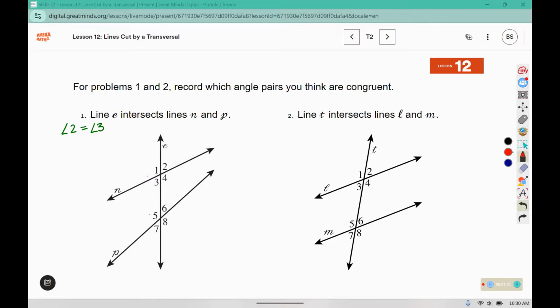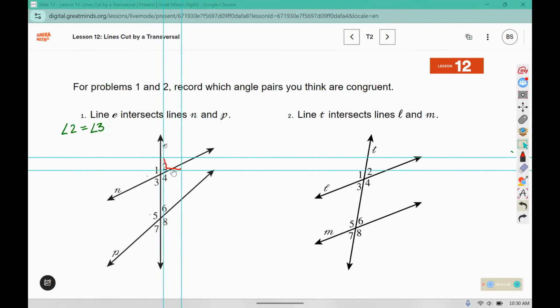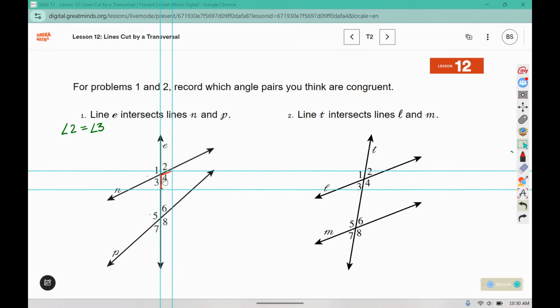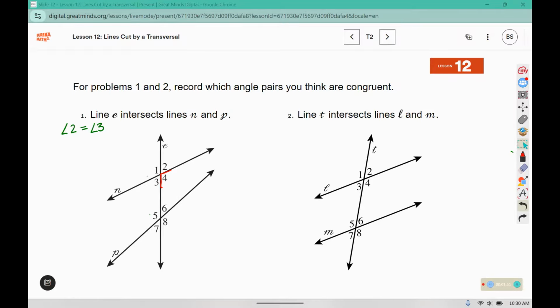Then we can check the next one, angle 1. Not congruent to number 2. It's too wide, but it is congruent to number 4. So number 1 is the same size as number 4.